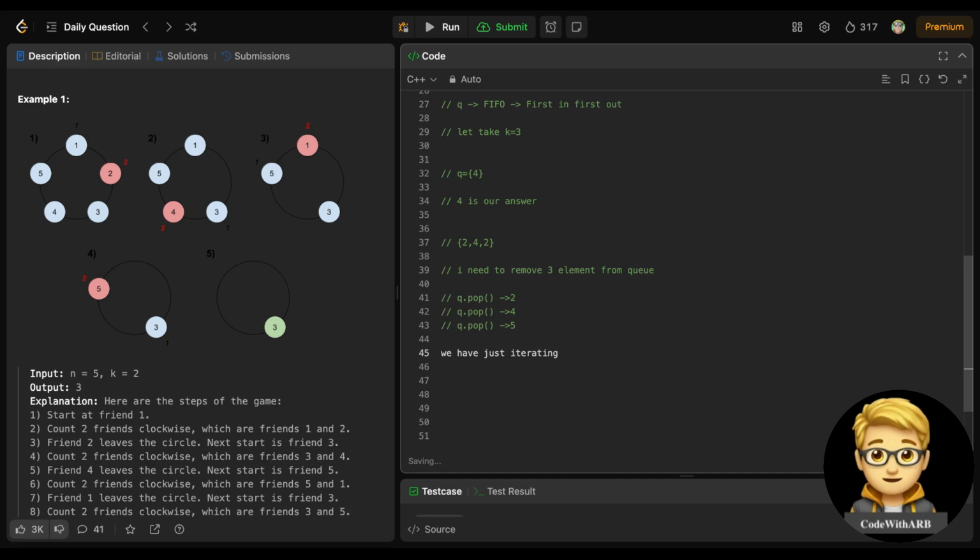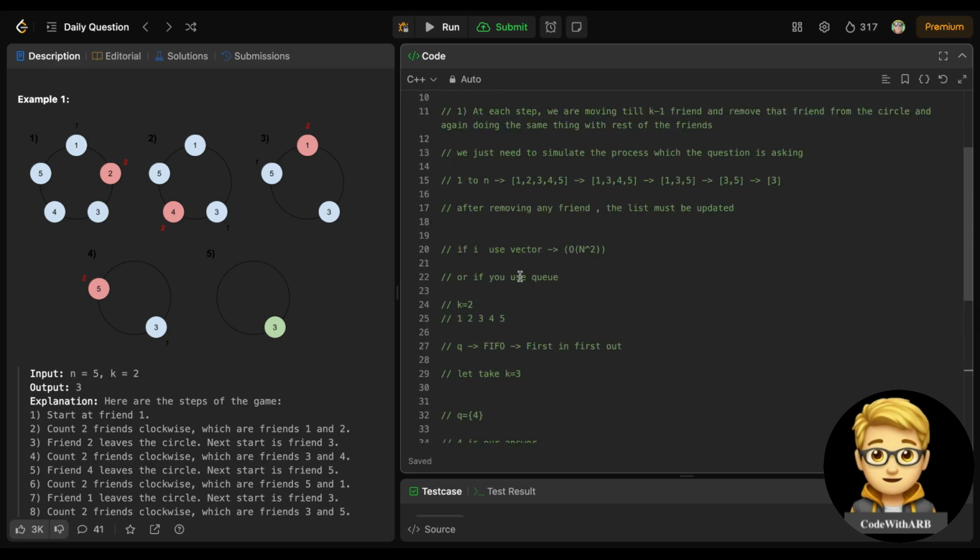We are just pushing and popping, inserting and removing only the k elements, because we want to maintain the order and the friends' numbers, right?